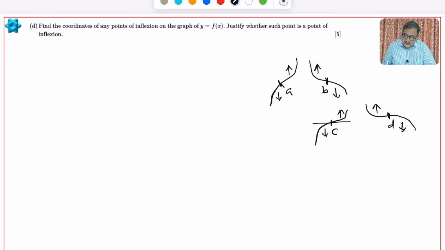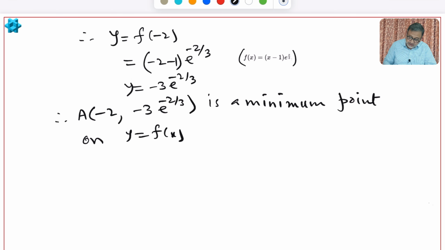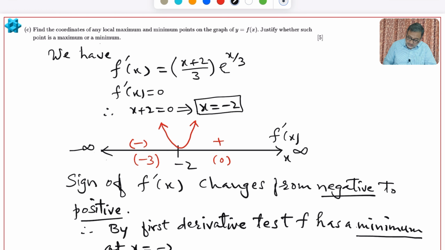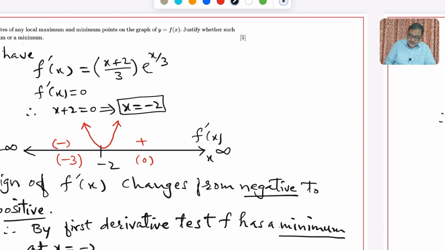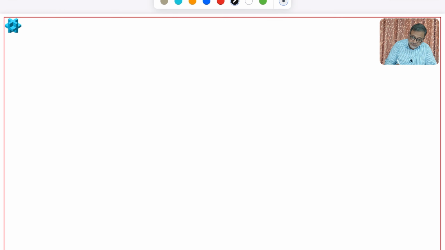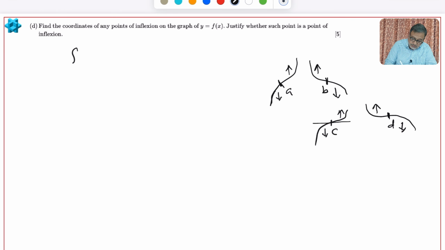Now for the concavity, we need to find the second derivative. We already have the first derivative, so let me write it. f dash of x is (x plus 2) over 3 times e raised to x by 3.